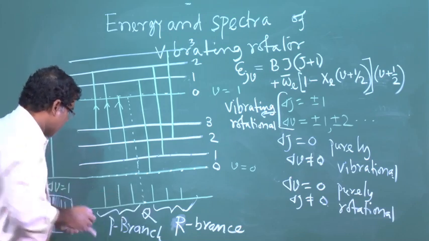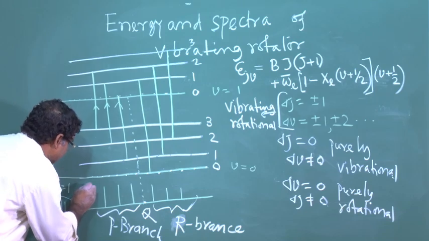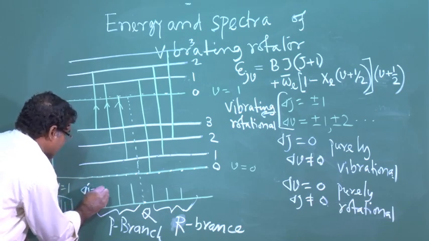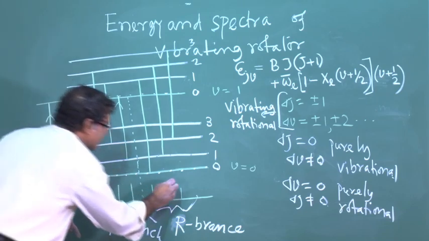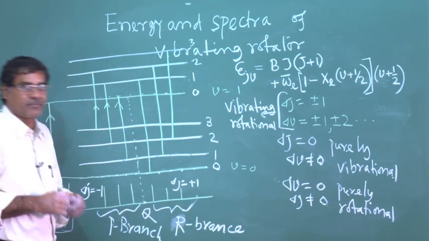So, this is for del j equal to -1 on this side, and del j equal to +1 on this side.